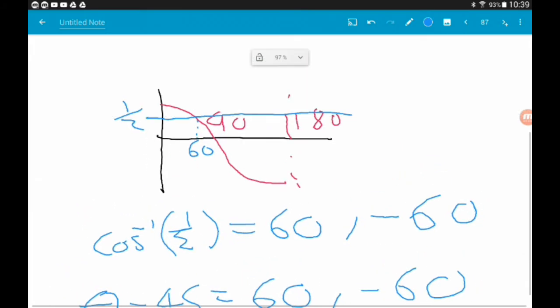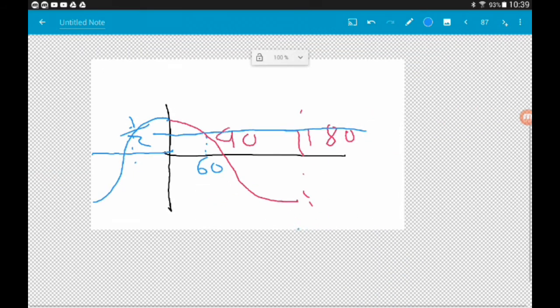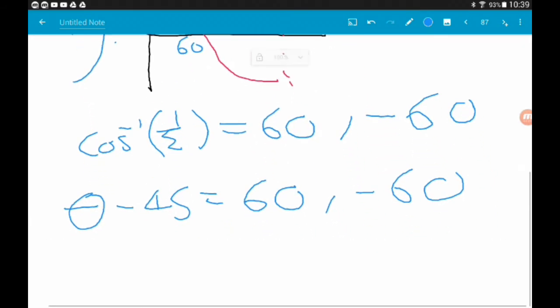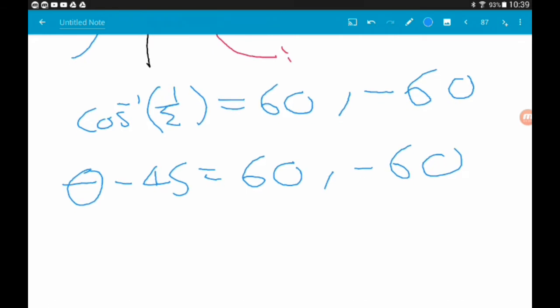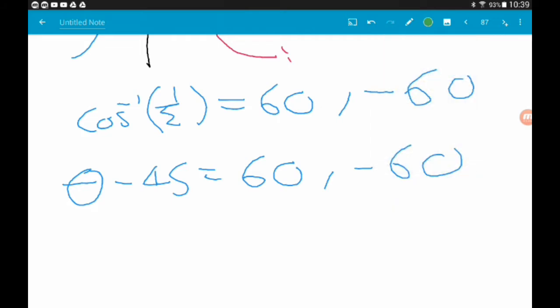If you're not sure where that's coming from, if we carried on this graph like that, the solution here would be symmetrical to the solution on the right of the y-axis, so it would be minus 60. So our two values for theta minus 45 are positive 60 and negative 60.